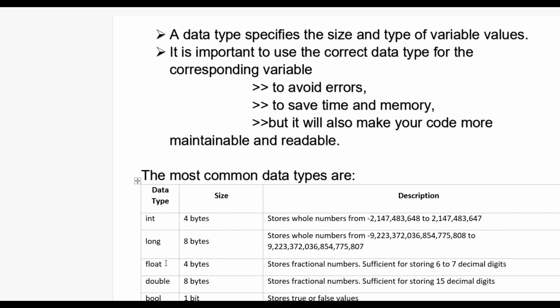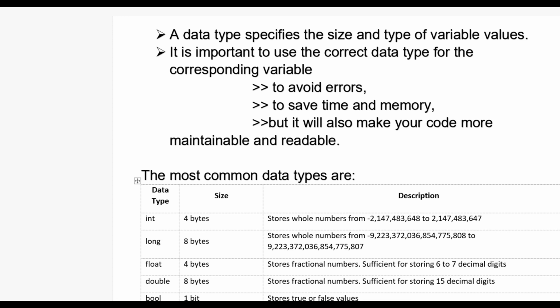And float, for storing fractional numbers, takes 4 bytes in size and is sufficient for storing 6 to 7 decimal digits. And double takes 8 bytes and stores fractional numbers, sufficient for storing 15 decimal digits.